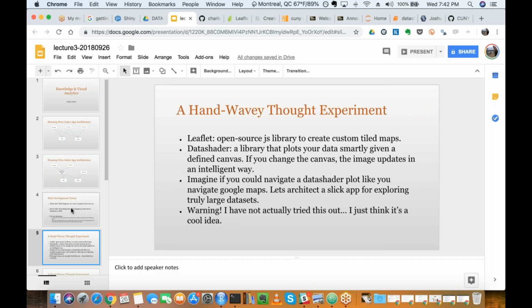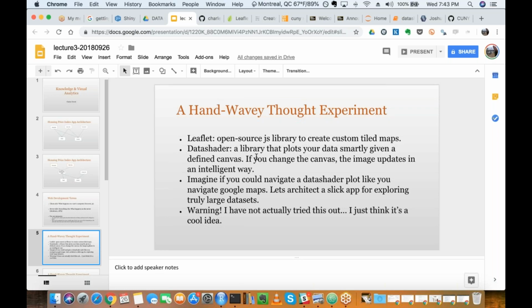I don't think I have time to go through my hand-wavy thought experiment, but I do want to save this for two weeks from now. Since we are still going to be in this realm, it'll still be relevant, even though we're referencing Datashader.